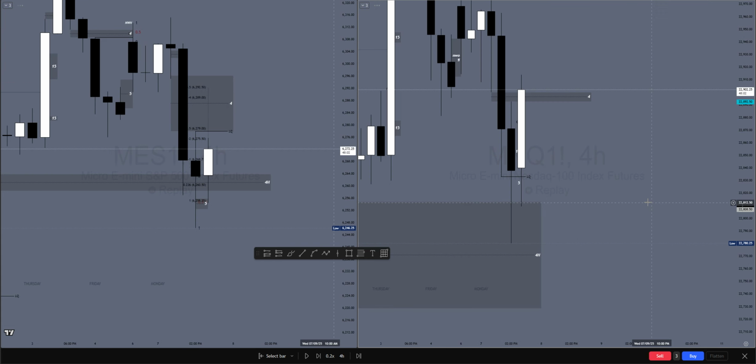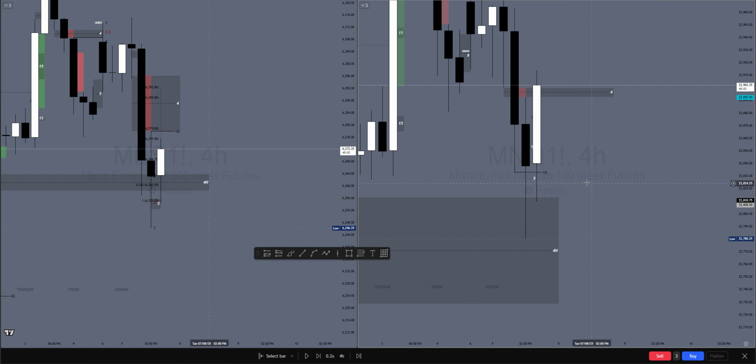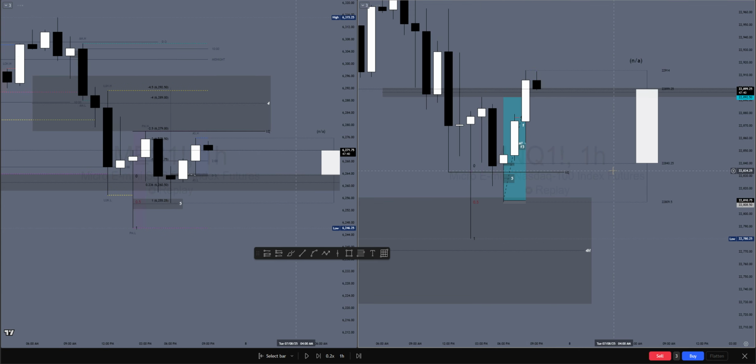Going back to the 4-hour time frame, I'd like to see price come back down and respect the half level of our 4-hour candle, of the wick that we created from the bottom to the body or open. Using our time frame alignment, the 4-hour will be connected to the 15-minute.